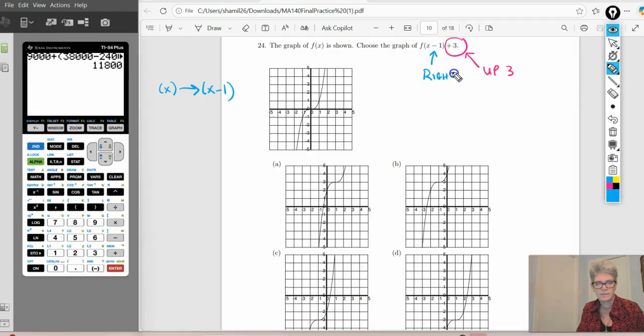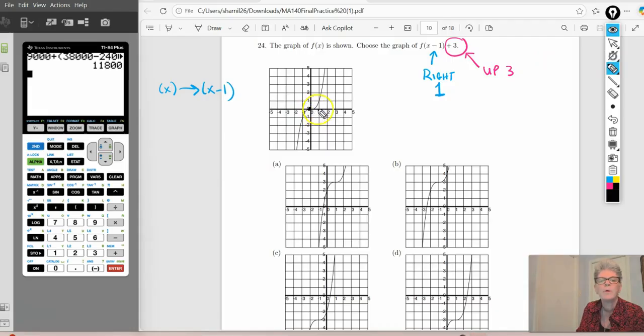1 unit. All right, so the horizontal one, a lot of people get confused over the horizontal one. The vertical one does what the symbol says. Plus it goes up, minus it goes down. With the horizontal one, it's the exact opposite. So I'm going to take f. So here's the graph of f up here.